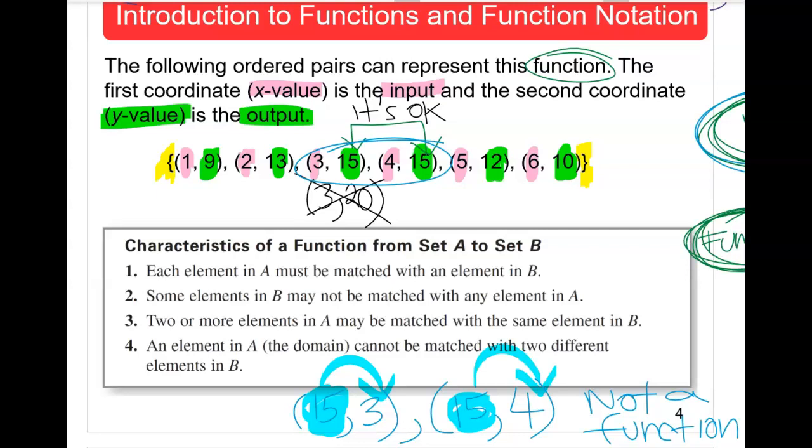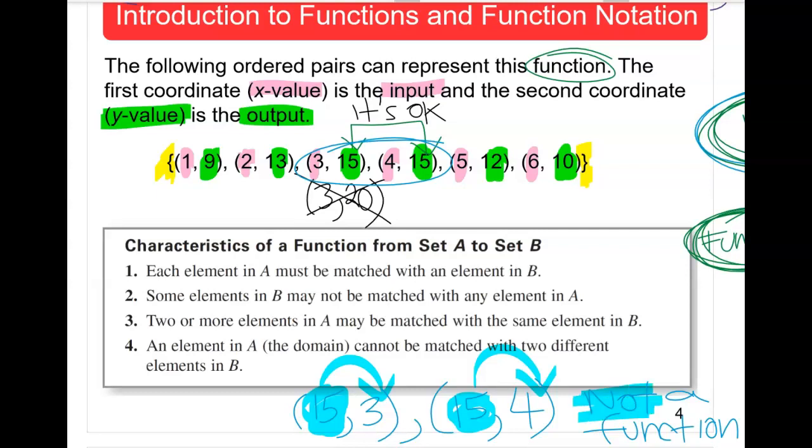So it's not related to exactly one element from the range or the second coordinate of the ordered pair. So that's what makes it not a function.